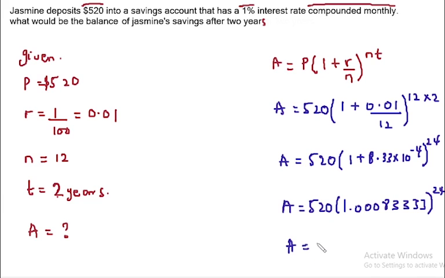So A is equal to 520 times this to the power of 24, which is 1.020193 to 6 decimal places. If you multiply these, we have the amount equal to $530.5, to 1 decimal place. So the amount in Jasmine's account after 2 years would be $530.5.